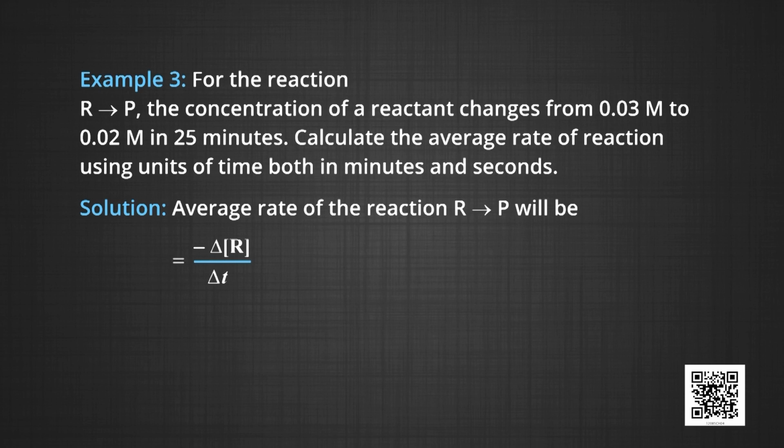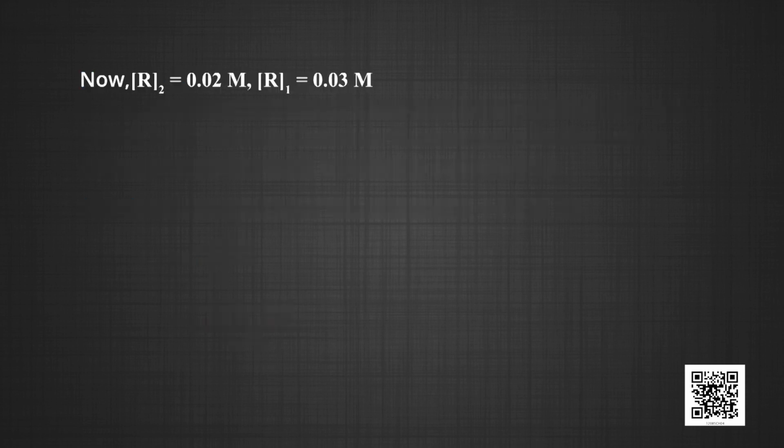Now the solution is, the average rate of the reaction R giving the products equals minus delta R by delta T. It is equal to minus R2 minus R1 by T2 minus T1. Now we know that molar concentration of R2 is equal to 0.02 molar, whereas concentration R1 is equal to 0.03 molar and delta T is equal to 25 minutes.